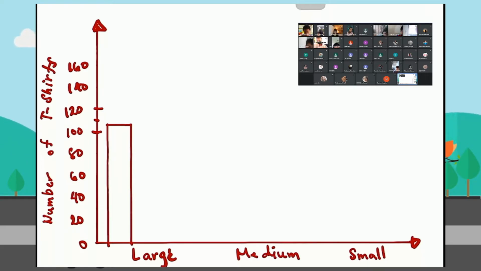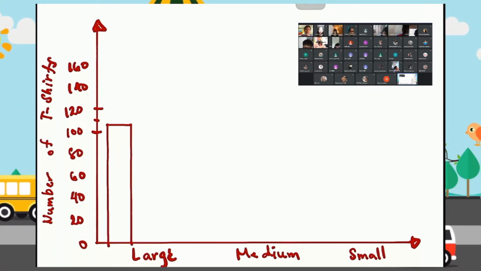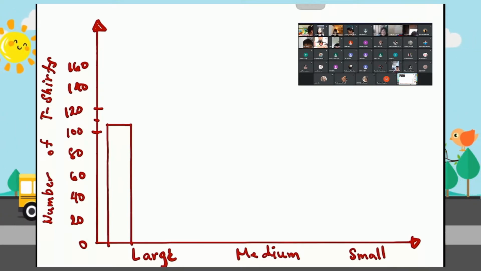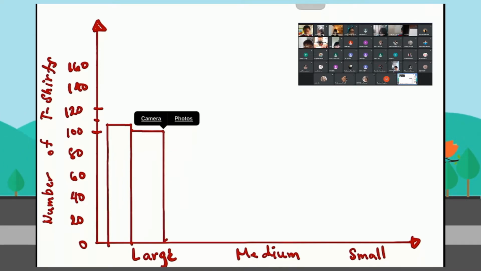How many large shirts were sold on Sunday? We have 100. So this is our 100. So this is now the bars for the large size.